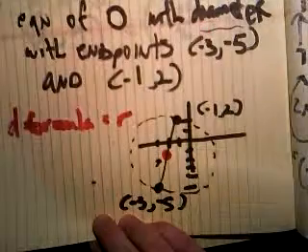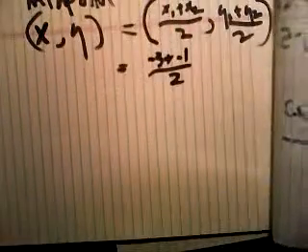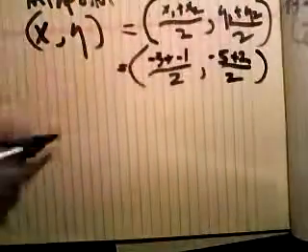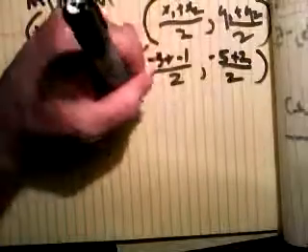So, what do we come up with here? x1 and x2 divided by 2. So we've got negative 3 plus negative 1 divided by 2, and negative 5 plus 2 divided by 2, which is equal to, if I could read my writing, negative 4 divided by 2 is negative 2.